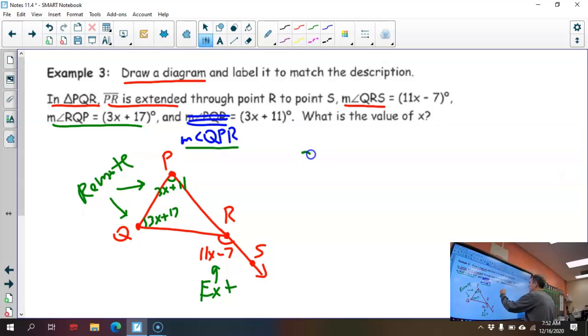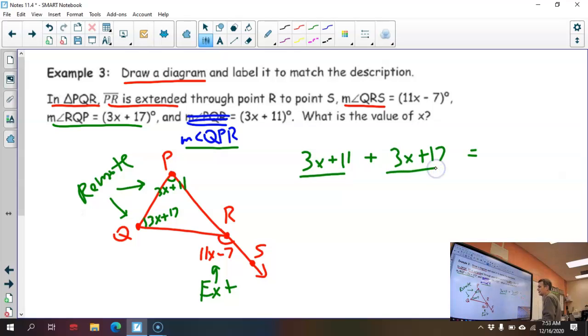So my equation might be 3x plus 11 plus 3x plus 17 equals, so my two angles added together equal 11x minus 7. And now I have an equation to solve.